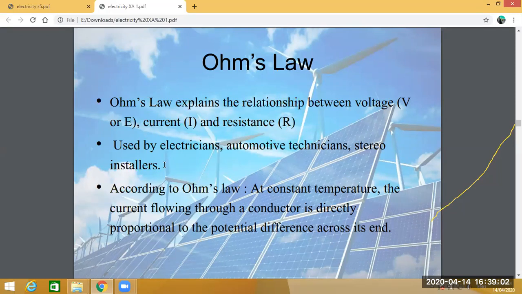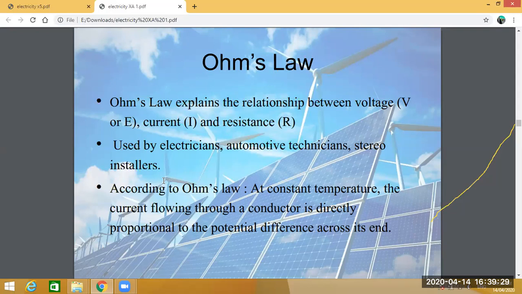Now, Ohm's law is so important that you would come to know that almost in various fields of life it is used. It is used by an electrician while making a domestic circuit, and it is used by an automotive technician. Ohm's law is also used by a stereo installer.